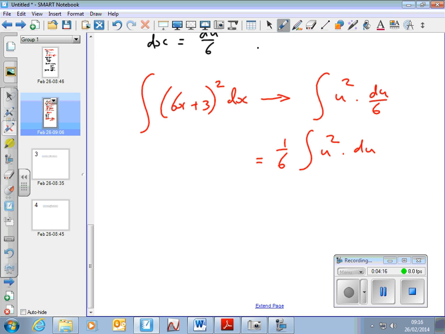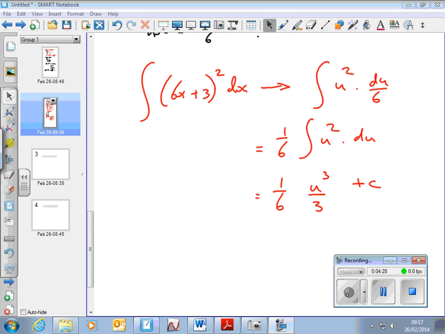And now look at that, the integral of u squared with respect to u, that's just the standard integral. So I just add 1 to the power and divide by the new power, and that gives us 1/6 of u cubed over 3. Tidying up, the 3 and the 6 can be multiplied together to give 1/18.